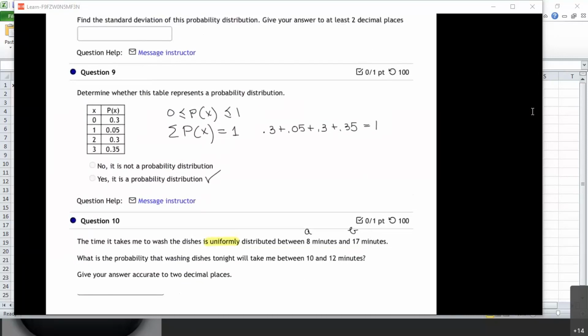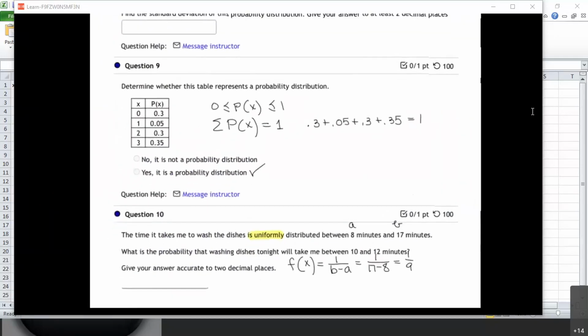And then they ask you, what's the probability that washing dishes tonight will take me between 10 and 12 minutes? Well, uniformly distributed, let's do the density function for that. That's 1 over B minus A. This is in our notes. So this is going to be 1 over 17 minus 8. So my probability distribution is 1/9.